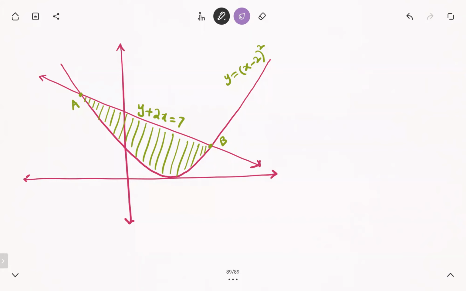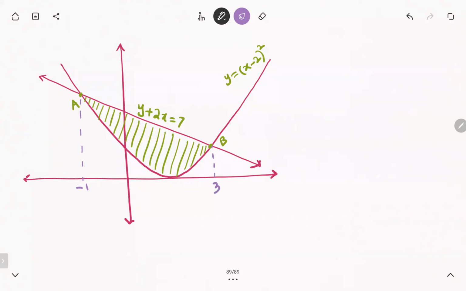Okay, Amina. -1 and 3. Did you get the same, Anya? Same. Okay, so it means this is the point -1, and this is the point 3.